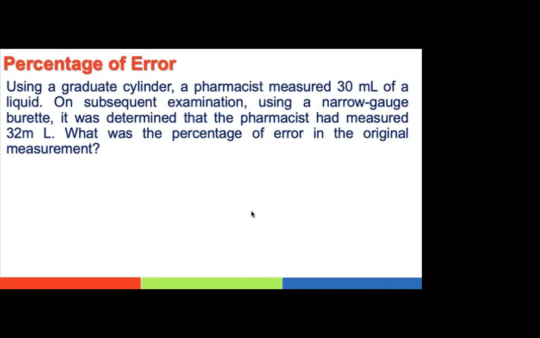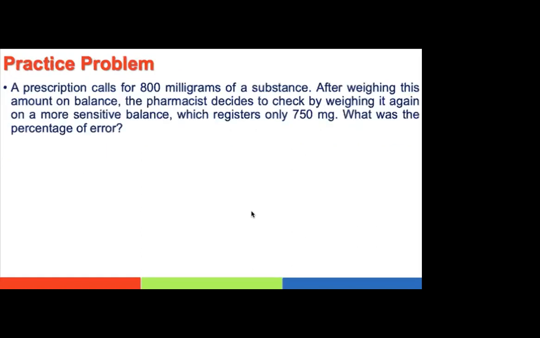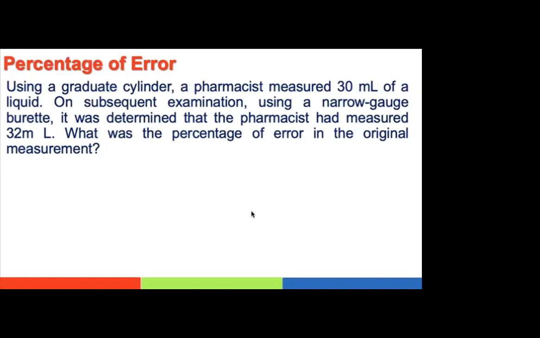Okay, you get the error committed by the pharmacist. What is the error committed by the pharmacist here? The formula is percent error is equal to error divided by original measurement.